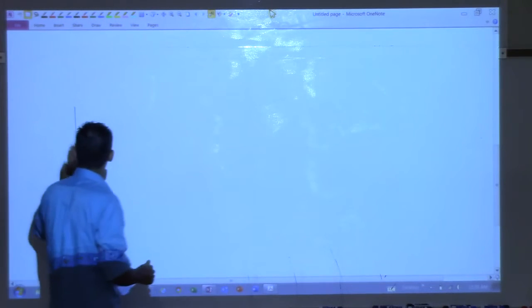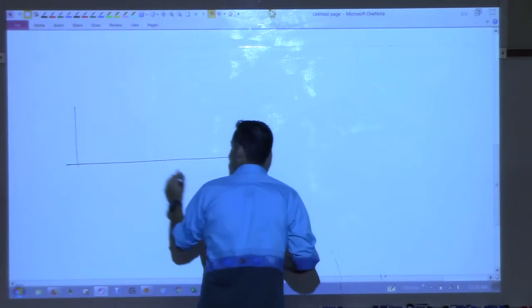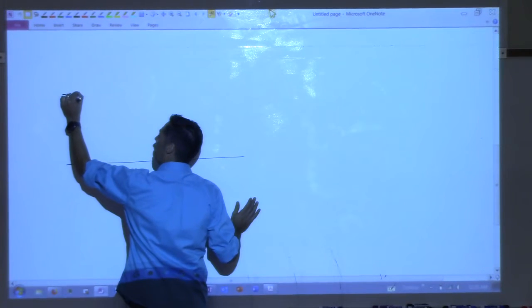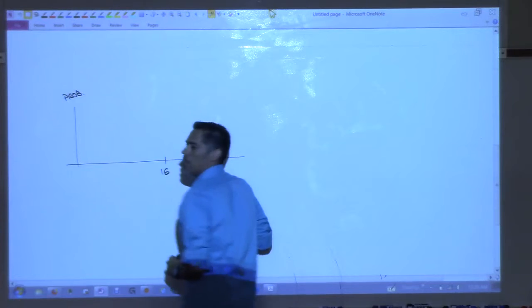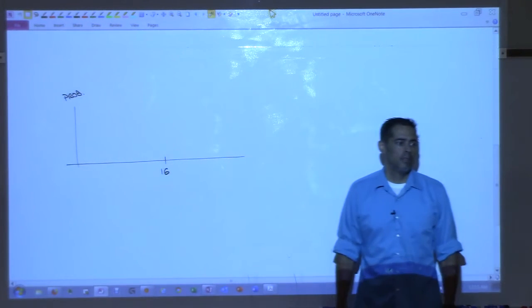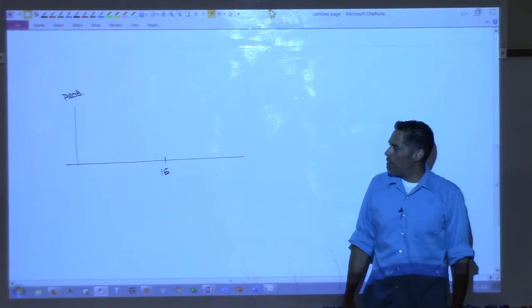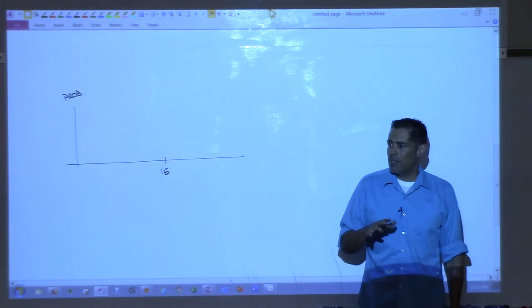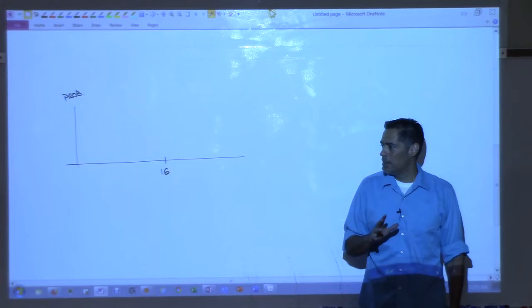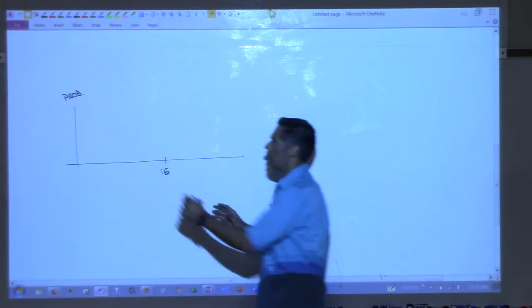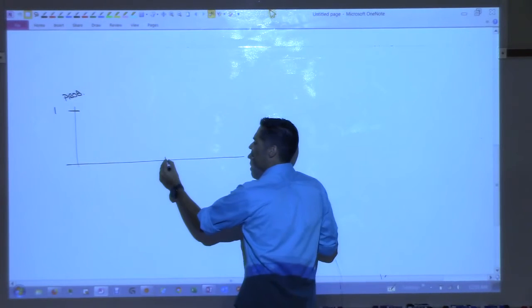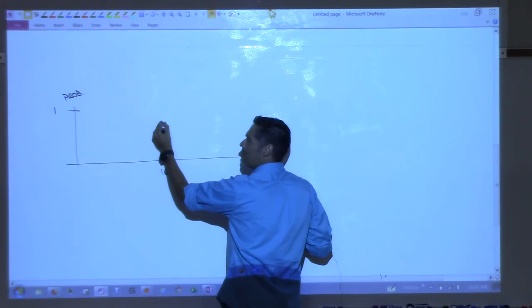So if we look at that, let's say this is 16, and we look at the probability. What's the probability that it's exactly 16? It could happen maybe. But if 1 is 100%, the probability at 16 is high, but it's not 100%.